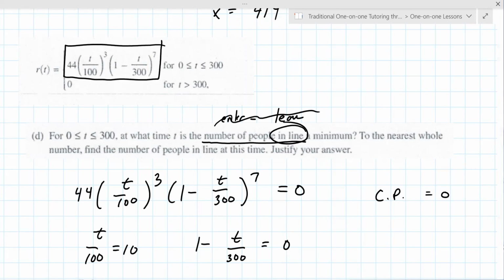Let me graph this thing real quick and see if I can come up with anything that might be more useful before we go any further.